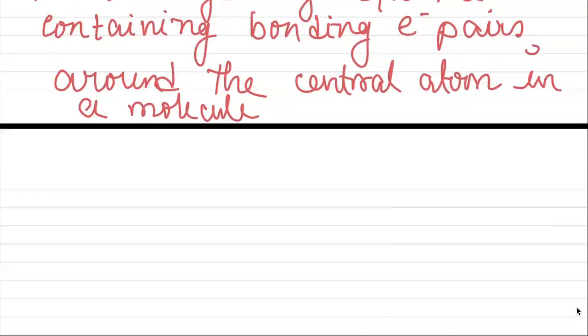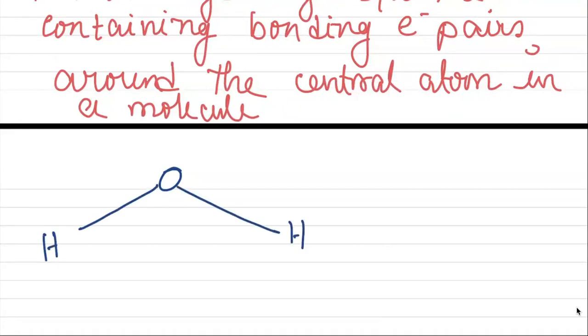Let's see the bond angle. Suppose in case of water, the bond angle between these two, hydrogen and oxygen, is 104.5 degrees.